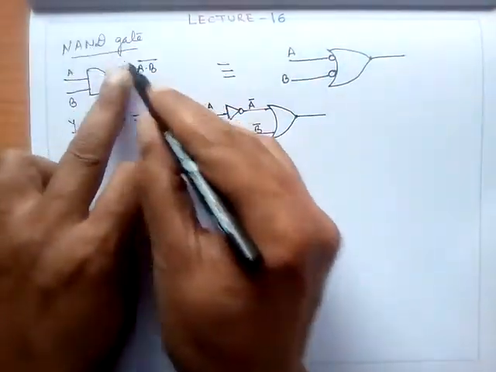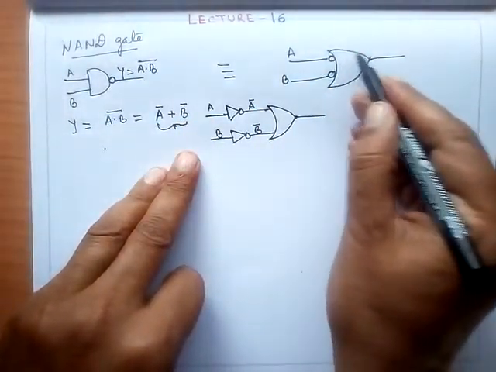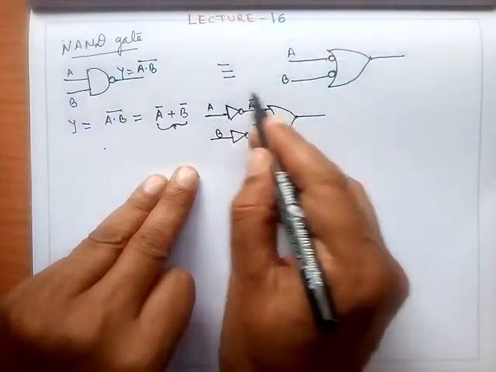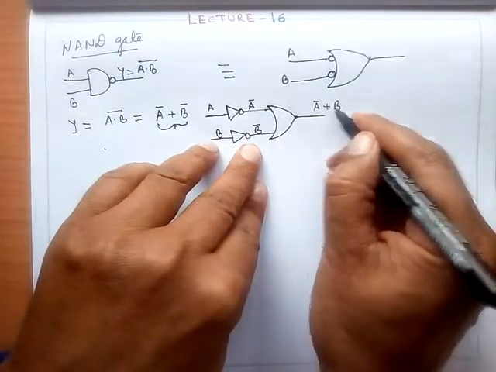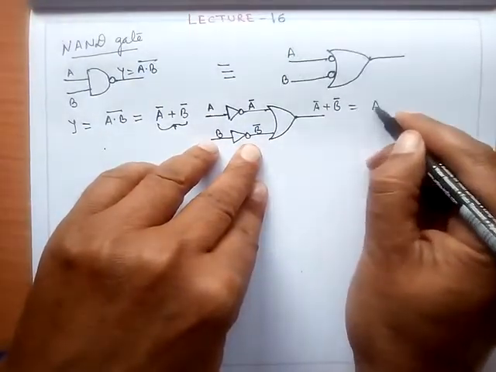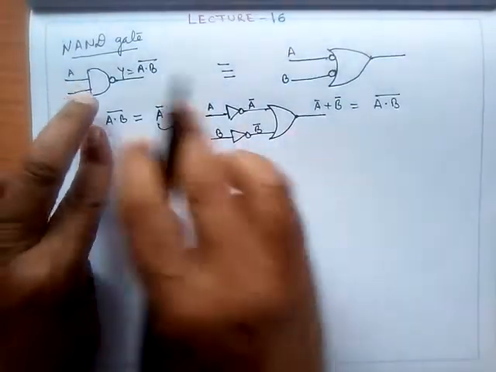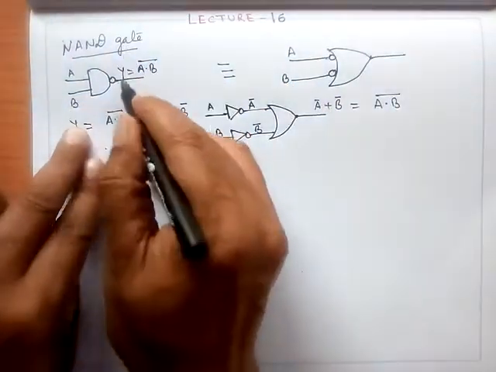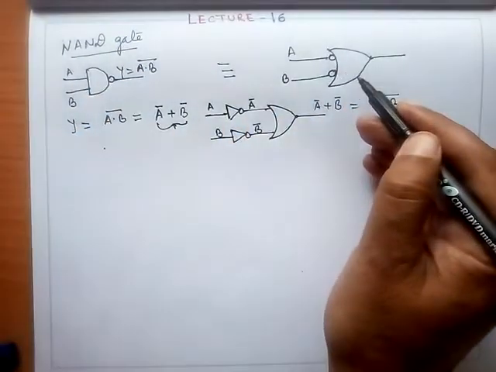NAND gate can also be expressed as a bubbled OR gate. It is the same thing here. This is nothing but A bar plus B bar, which is equal to A dot B whole bar, which is a NAND gate. So NAND gate can be represented either this way, which is the formal figure, or in this form also.